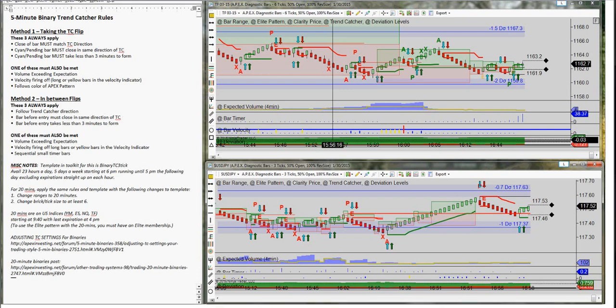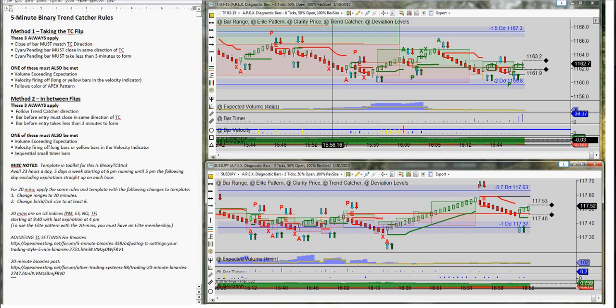It's really easy to just pull up the Apex template for the 5 minutes and use it, change the ranges to 20 minutes, and change the brick size to at least 6. I've seen different people use different brick sizes for different instruments. And, you know, there is no right and wrong at this point. It's what works for you.